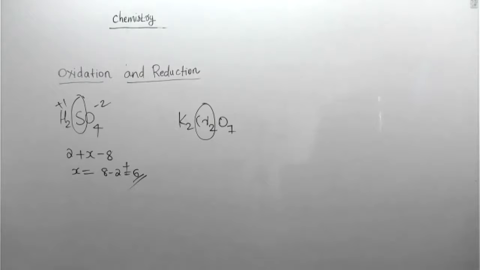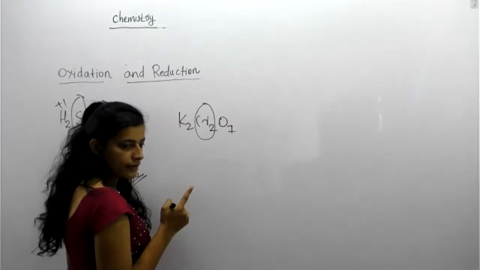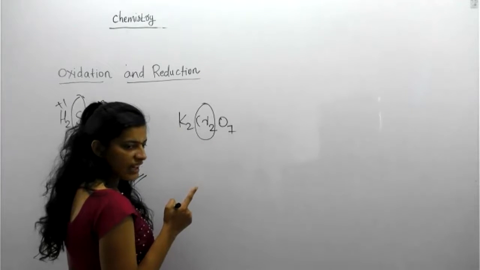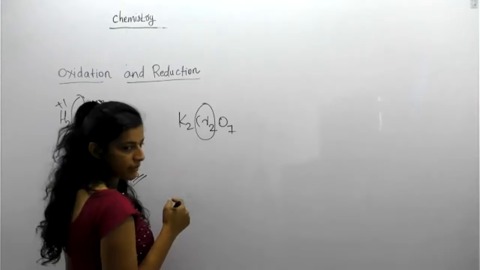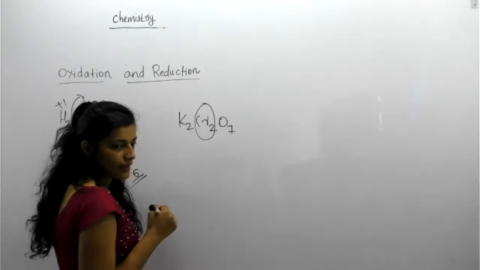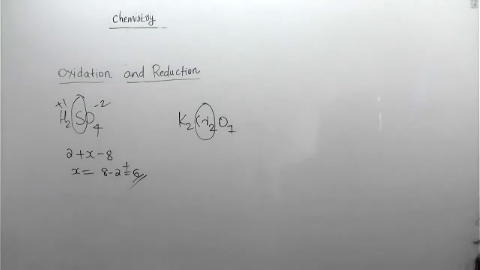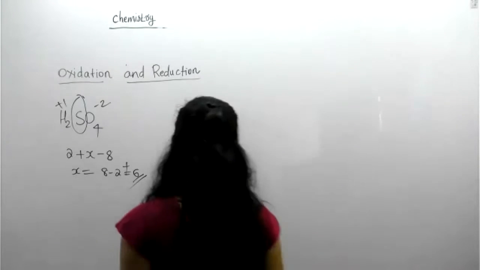Sahil is telling 12. Okay. Did you check it properly? I don't think so. 12 is a very big number. So what about Shaunak? Your guess, your answer? Very good. Maybe 6. Sayali, maybe 6.